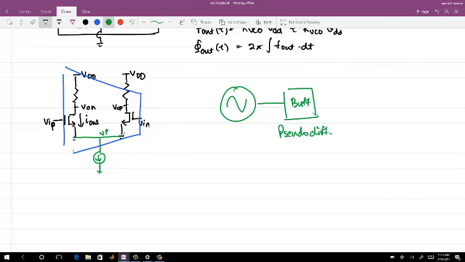Are you considering any noise on this? So what you are saying is that the common mode here is getting shifted because of the noise, the supply noise. Is that the question?